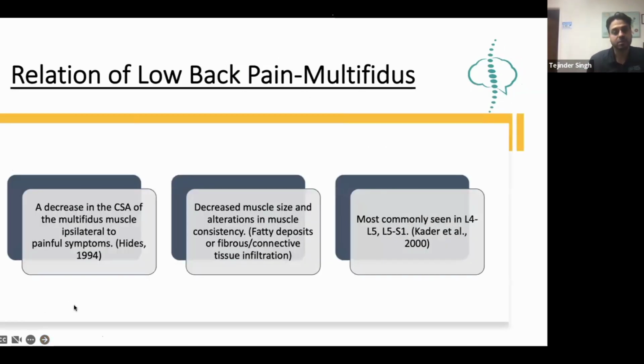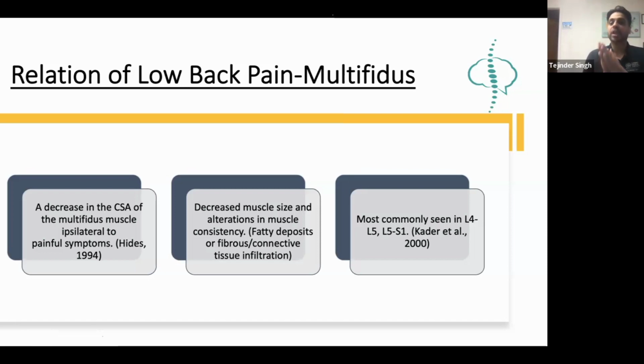Hides has done tons of research, and this research is not new. He first published his first article in 1990, and I think he published others in 1994, 1998, and 2008. Just to simplify what he said, they have found that multifidus undergoes atrophy if you have back pain.